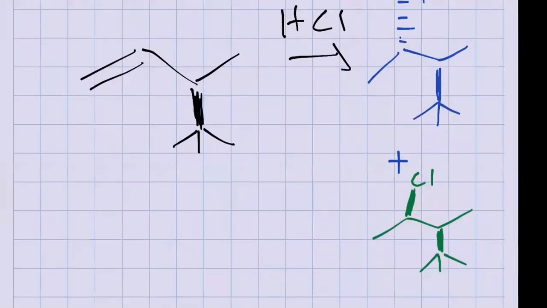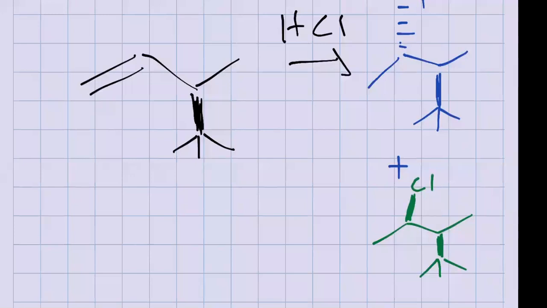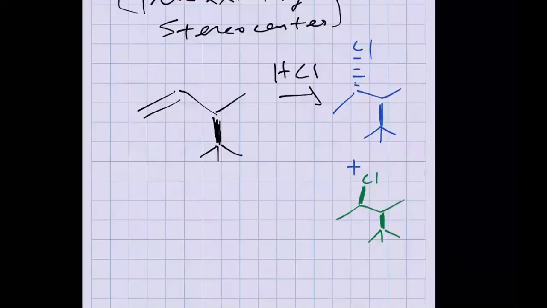Is it that the H adds to the least substituted and the Cl adds to the most? Okay, you're right. What's the term for it? Markovnikov. Yes, it's Markovnikov addition, right?